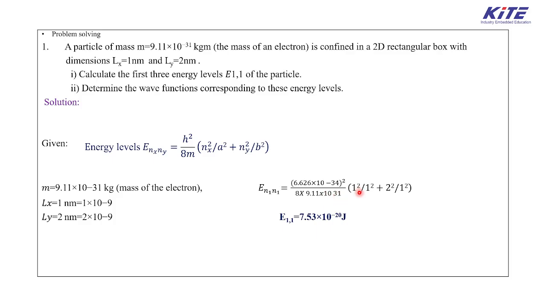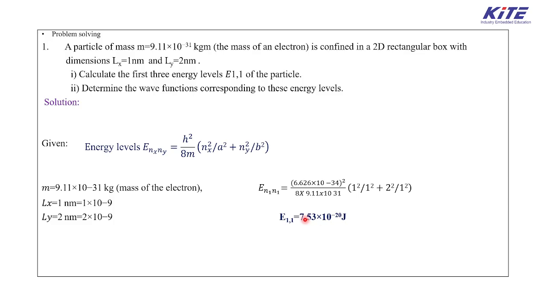Here nx squared, nx is equal to 1, so 1 squared divided by a squared, which is the same 1, plus Ly value 2 nanometer, 2 into 10 power minus 9, divided by b squared, ny is 1, so 1 squared. So finally we get the energy level E11 is equal to 7.59 into 10 power minus 20 joule.